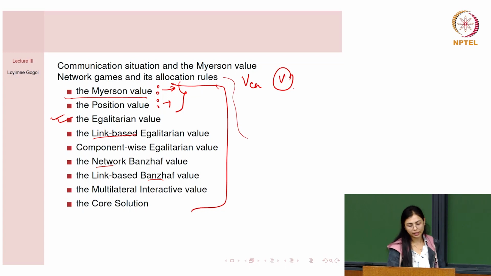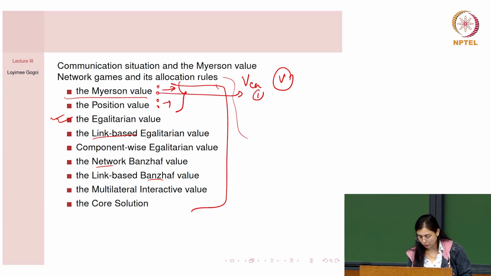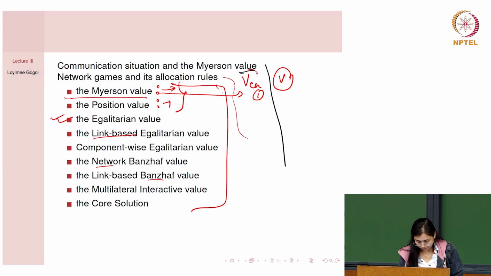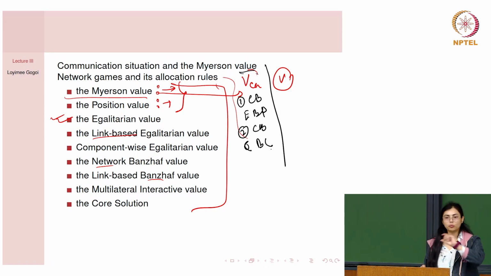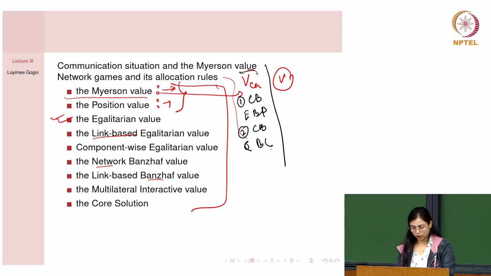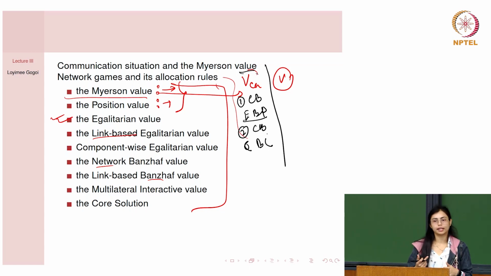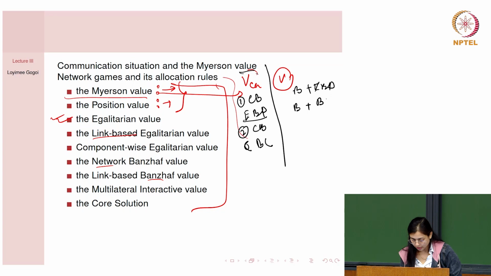One characterization I mentioned for the Myerson value was component balance and equal bargaining power, right. Another I mentioned was component balance and balanced contribution, removing one player. So it is equal bargaining, removing one player's link, right. Similarly it will be component balance and equal bargaining power, and component balance and balanced contribution, right.